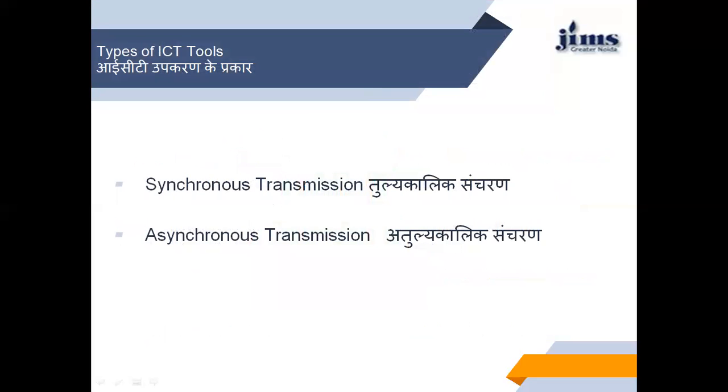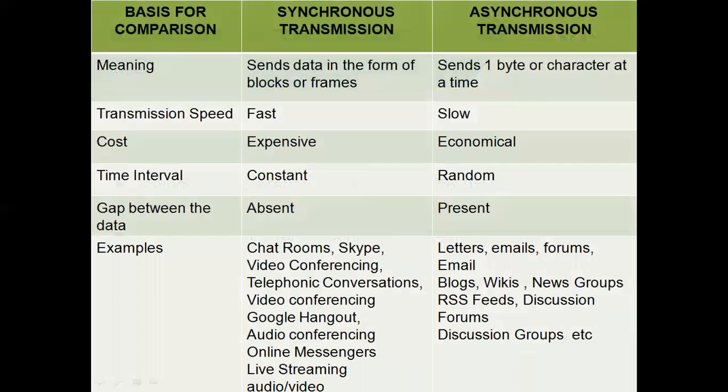There are two types of ICT tools. One is synchronous transmission, another is asynchronous transmission. And the basic comparison between these two: meaning, synchronous transmission sends data in the form of blocks or frames.